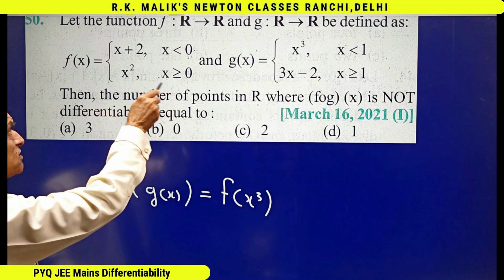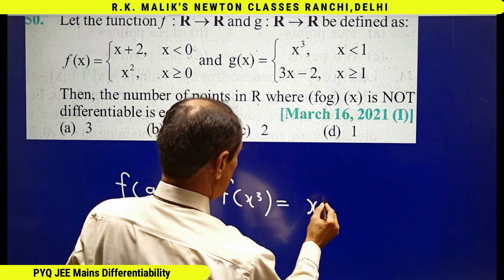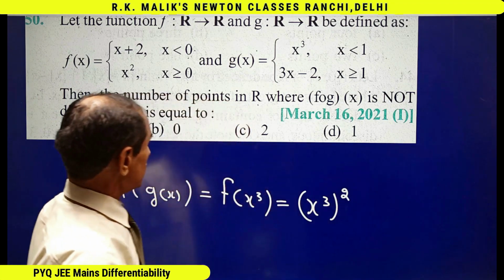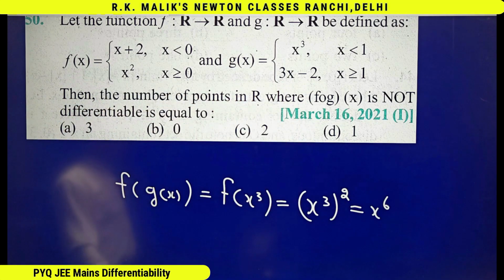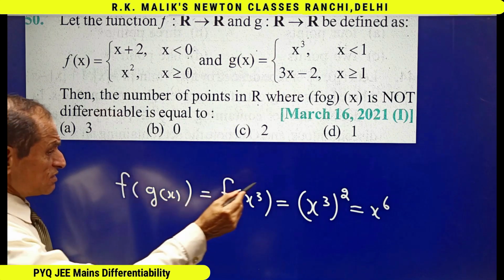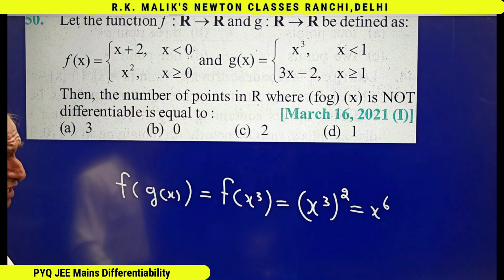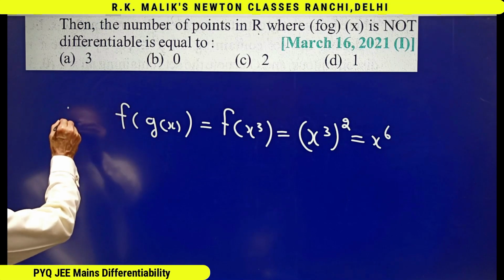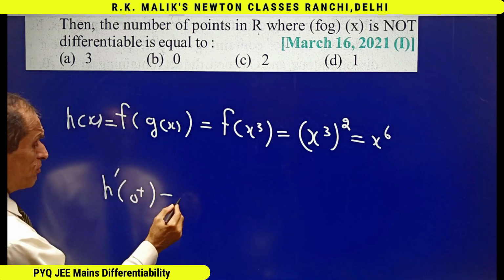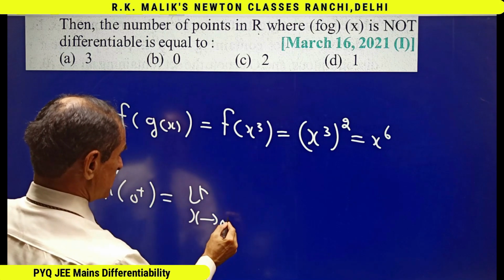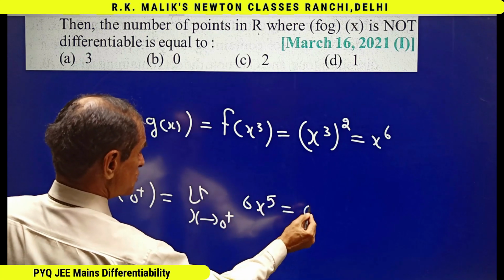And keeping this definition of f(x) in mind, I will get this is equal to x cube square, that is x to the power 6. Hence I can say the value of f∘g(x) is x to the power 6 for x having the value slightly greater than 0. And therefore, if I name it as h(x), then h'(0+) will mean limit x tends to 0 plus derivative of this, that is 6x to the power 5, that is 0.